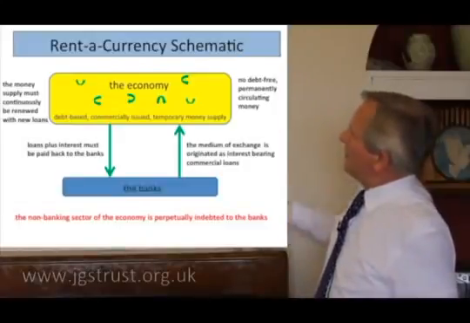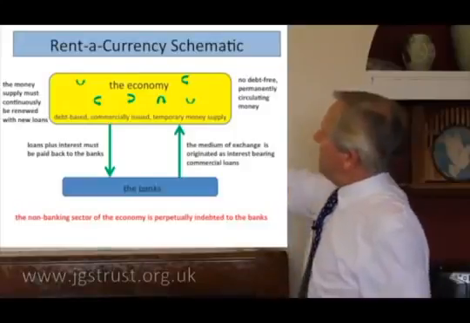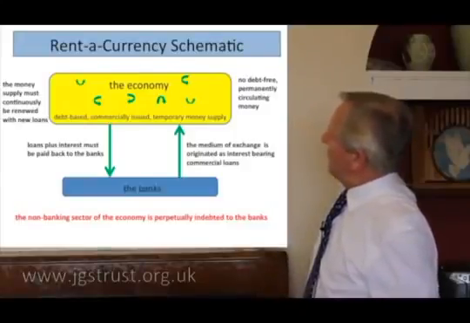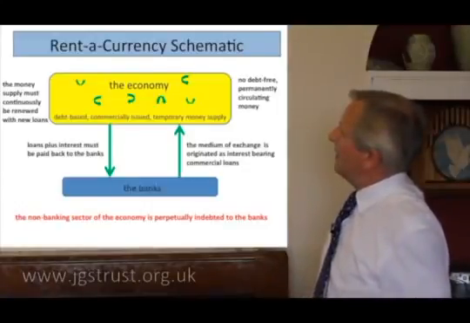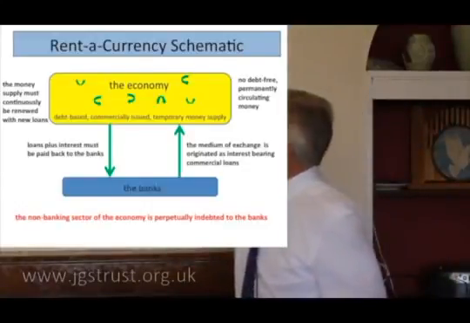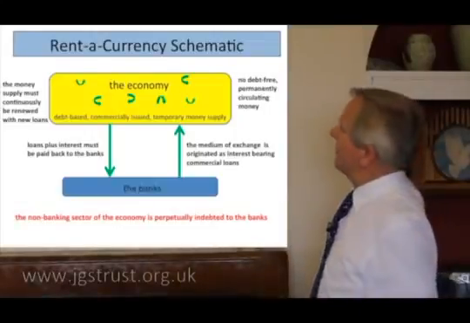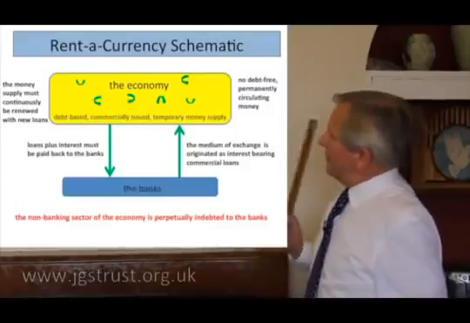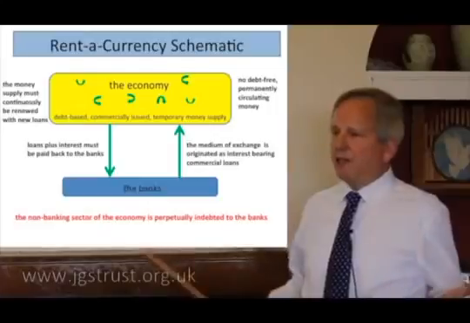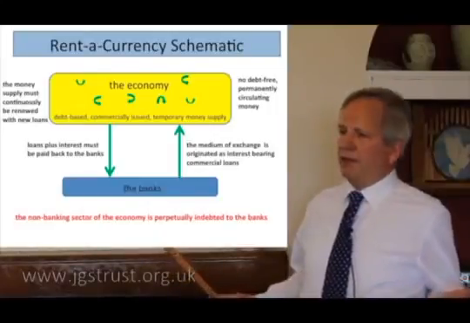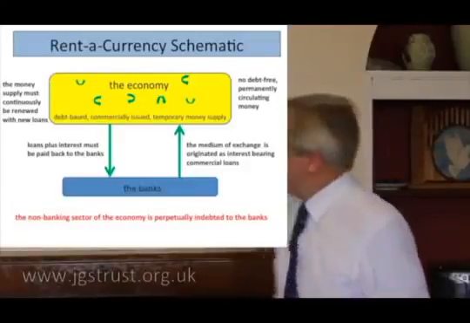It's all temporary, transient, ephemeral, and it comes into the economy, as we've seen, from interest-bearing commercial loans, and it drains back out of the economy as the loans plus the interest. So the banks extract wealth from the economy by renting to us a bunch of numbers. It's quite a good business, isn't it?